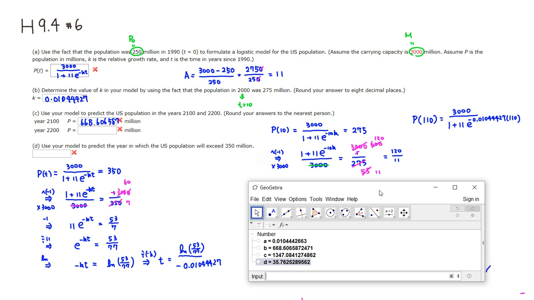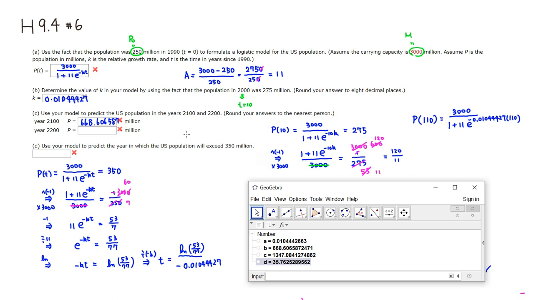All right, so to predict the year, it's going to be 35.7. So the year is going to be, you're going to have to add 35, then a little bit more, but I'm going to just add 35.